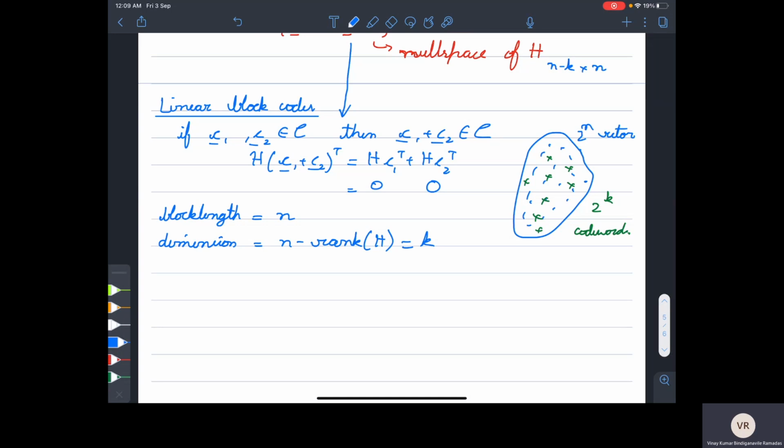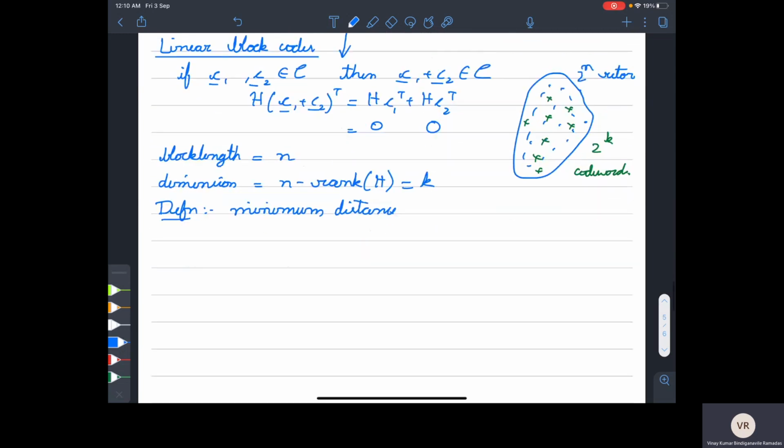So one aspect was to determine the number of vectors, the other was to characterize the error correction capability of the code. This is done using what is called the minimum distance. How is this defined?